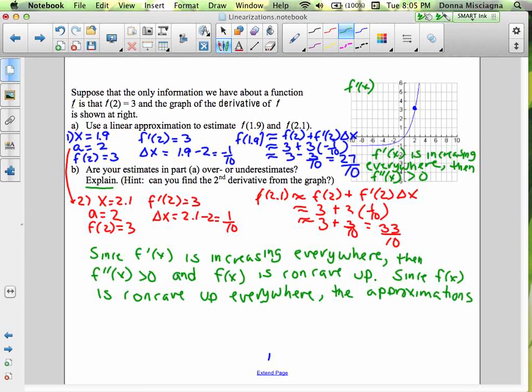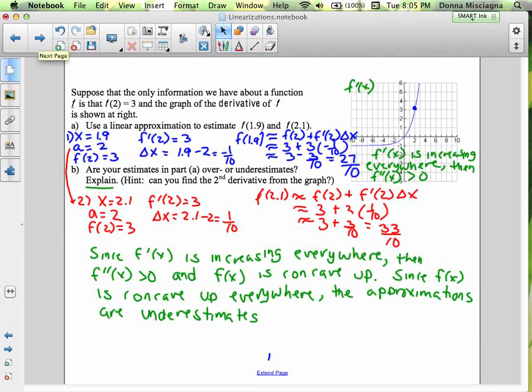Approximations or estimates are underestimates. We have underestimated the value because the graph is concave up. All right, and we have this one done. Got a couple more.